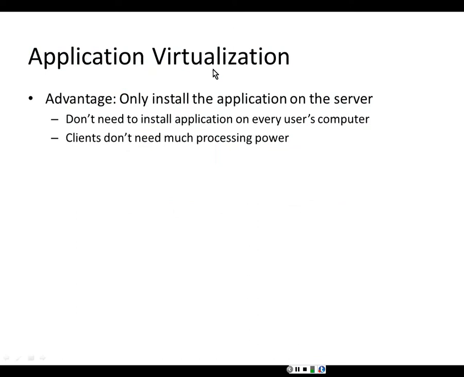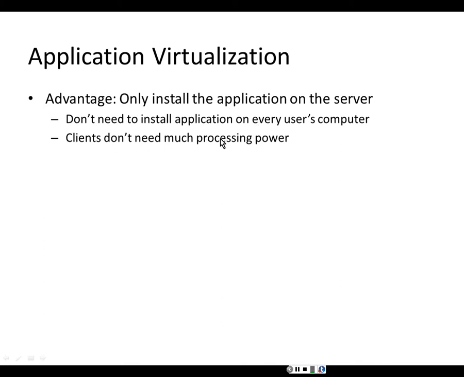So with application virtualization, the big advantage is that you only need to install an application once on the server. You don't need to go to every single workstation and install the application on every user's workstation. You just install it on the server because that's where it runs.